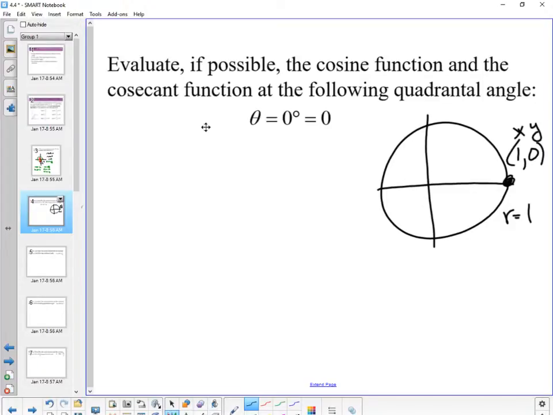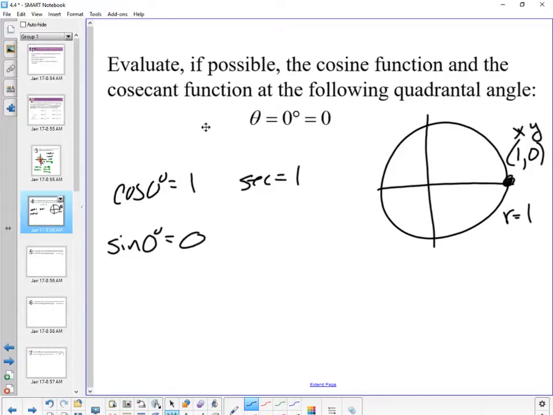They want cosine, so I'll start with cosine at 0 degrees. So what's the x value? 1. I'm done. What is the sine value? 0. Boom. Okay? That means that the secant is how much? One.